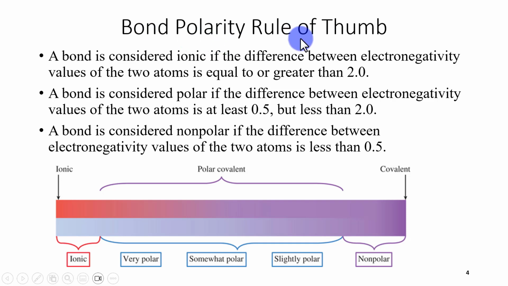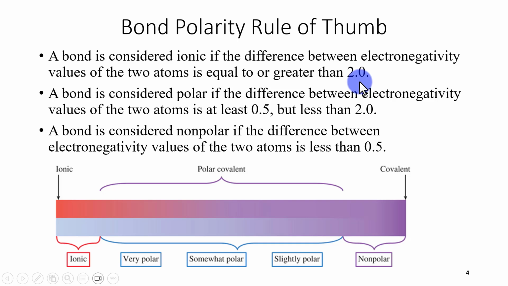Here's the bond polarity rule of thumb, or 3 rules of thumb, that we're going to use. We consider a bond to be ionic if the difference between electronegativity values of the 2 atoms that we're considering is equal to or greater than 2.0. When we do these types of problems, we're going to look at the electronegativity values.